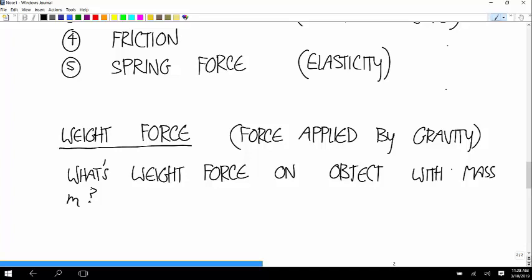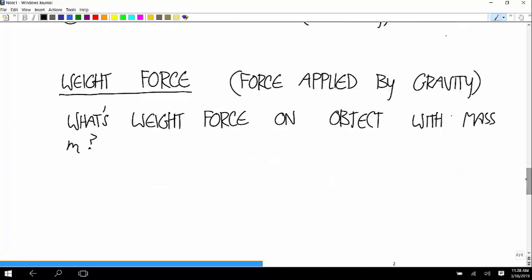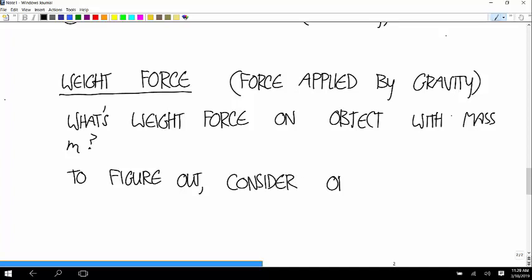Well, the way we can think about it is think about an object with a mass m in free fall. So to figure this out, consider an object with mass m in free fall.